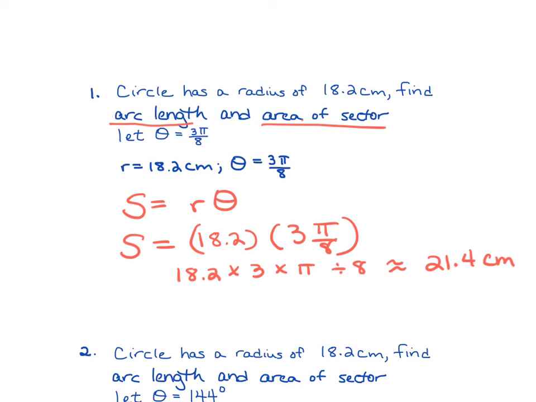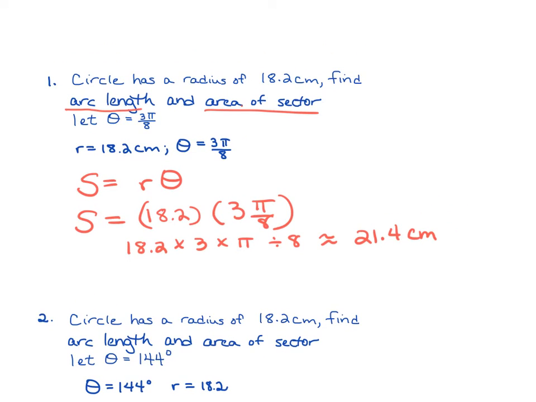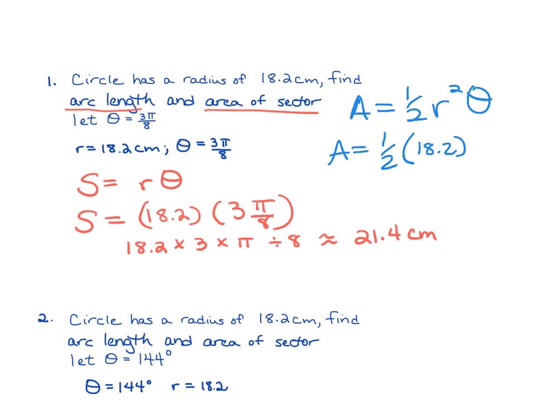Then to find the area of this sector, the formula I'm using is area equals 1/2 radius squared times theta. So area equals 1/2. My radius is 18.2. I need to square that, and then multiply it by 3 pi over 8. You can do two things here.